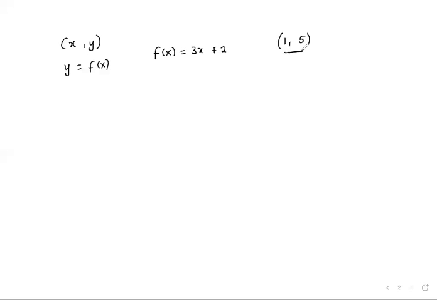When you have a point 1, 5, it means that in the function f, when you take 1, you must get 5. That's the meaning. So if I take 1 in this function, I'll have 3 times 1 plus 2, which is equal to 5. So I have a point 1, 5. That's what a point means.